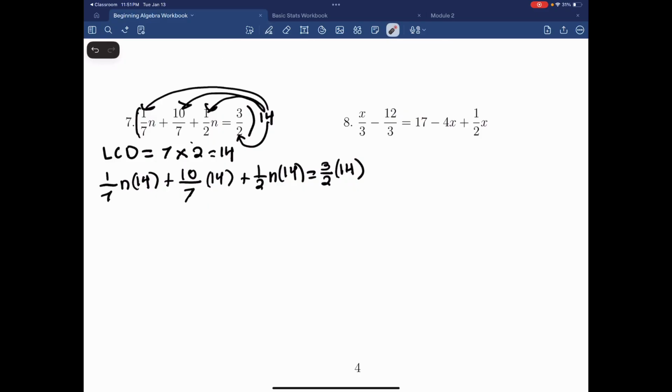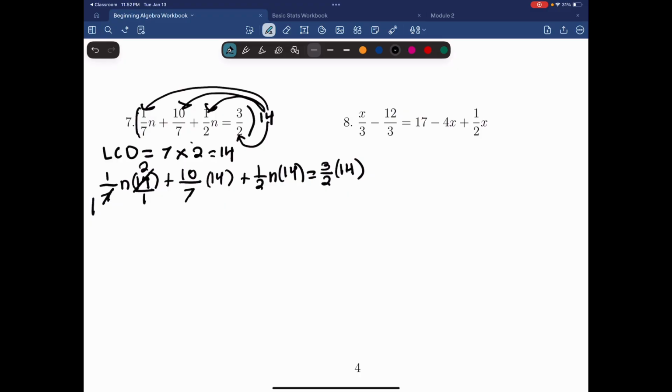Now, here is the important part. For this first term, we have a 7 in the denominator, and this 14, if it helps, you can write as 14/1. Remember, when we multiply fractions, we can do something called cross-reducing. In the 7 and 14, we can divide both by 7. 7 divided by 7 is 1, and 14 divided by 7 is 2.